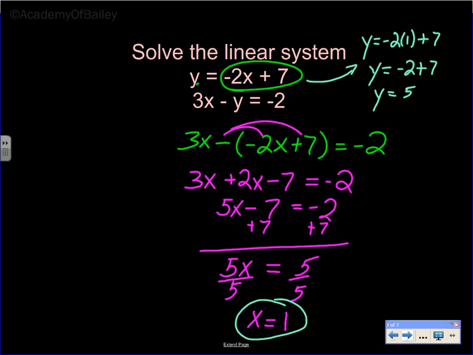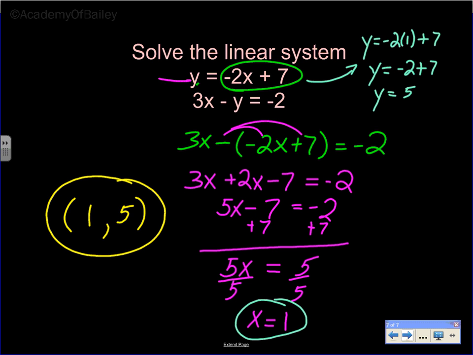We are close to being done. We need to put our answer in an ordered pair. X is 1, y is 5. And this is what we have: 1, 5. So those two equations that we started out with at the very beginning are going to intersect at the point 1, 5. They have one solution.